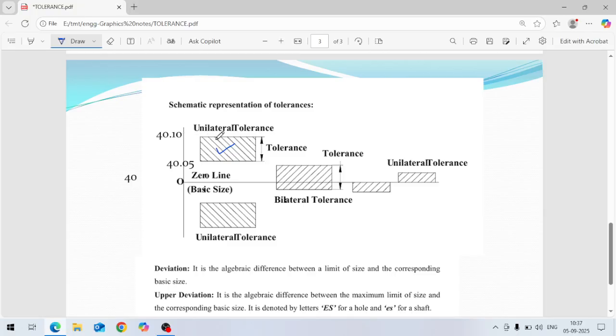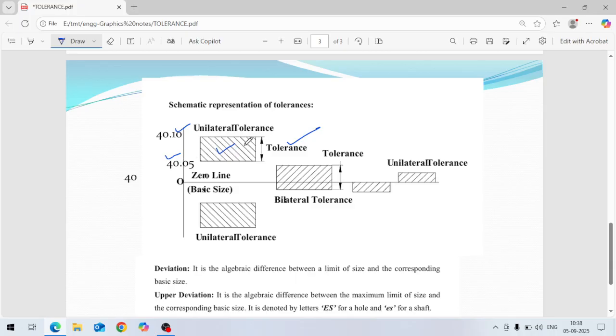And this is our tolerance. What is tolerance? 40.1 minus 40.05. So how much is the tolerance? Tolerance is 0.05 only. But this is unilateral because both are on the upper side. For the 40 size, both limits are on the upper side. One is 40.05, the other is 40.1. So the difference of these is 0.05 mm. So this 0.05 mm is our tolerance.